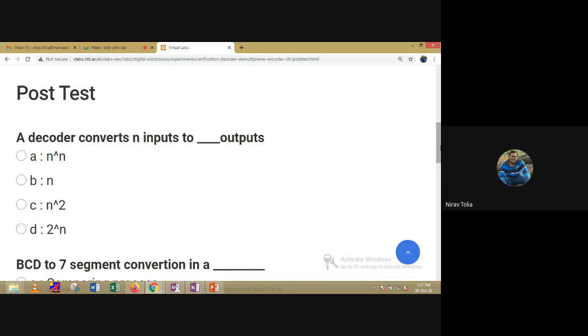Suppose you have an n-input decoder, how many outputs do you have? n raised to n, n raised to 2, or 2 raised to n.